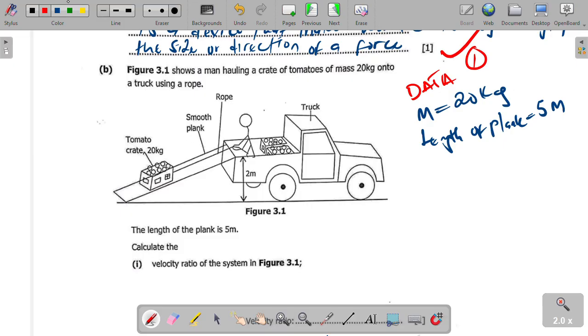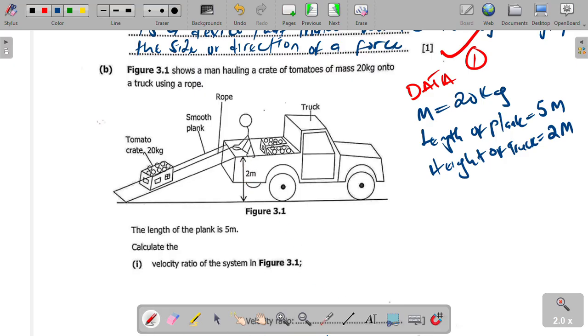We have the length of the plank, 5 meters, and then the height of the truck, 2 meters. This height here is the height of the truck, 2 meters.